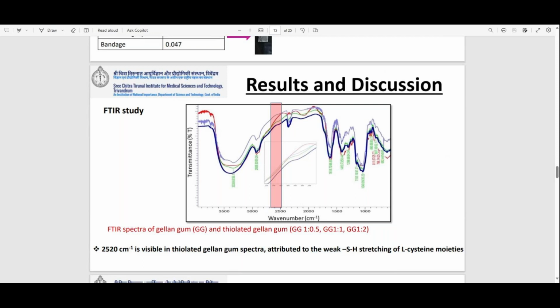After the thiolation, depending upon the extent of thiolation, we have a peak at 2520, that is for the SH stretching frequency of the L-cysteine moieties, and the intensity of that peak also changes depending upon the feed ratio or the extent of thiolation, as you can see from the graph that is highlighted.